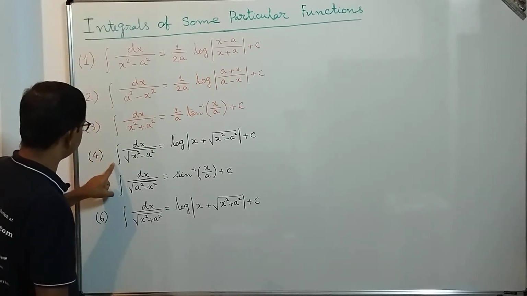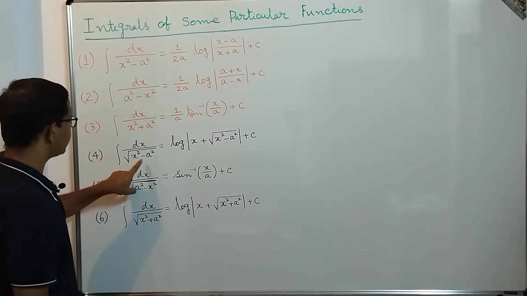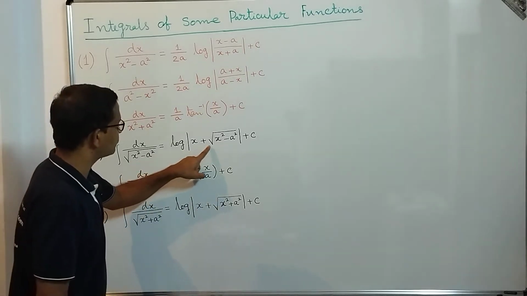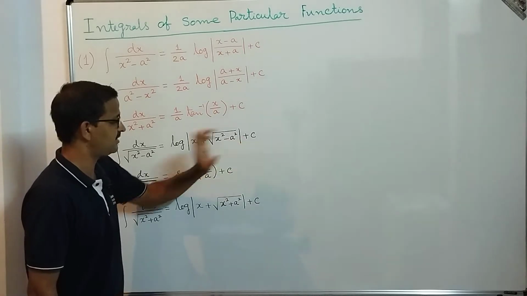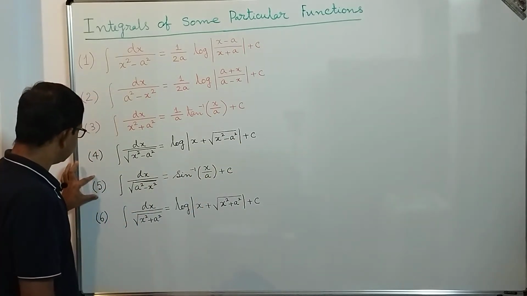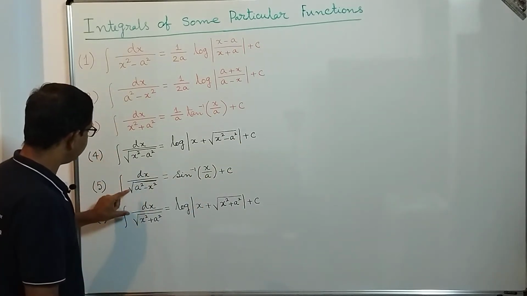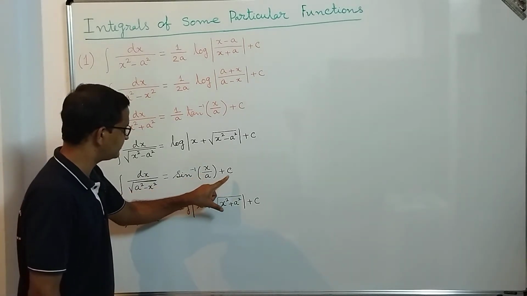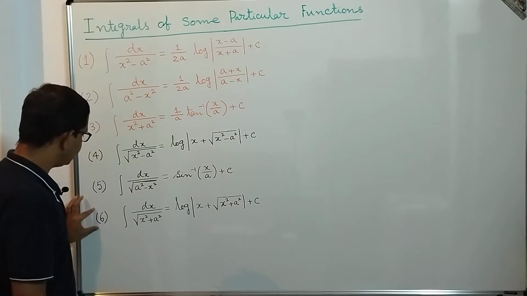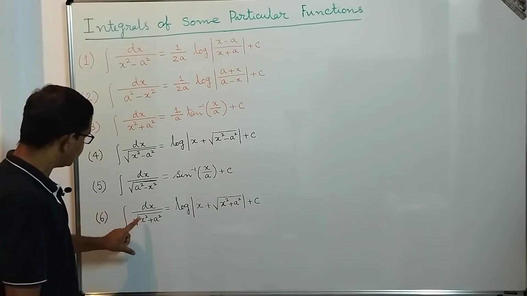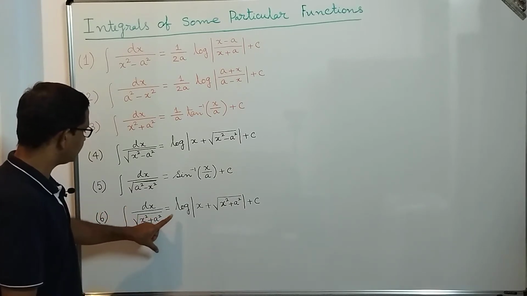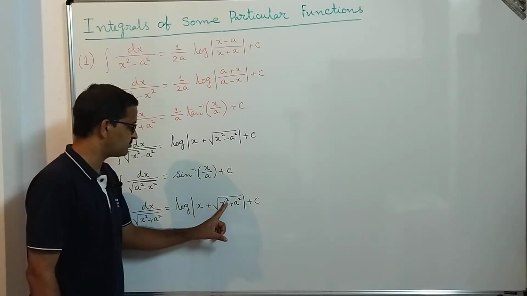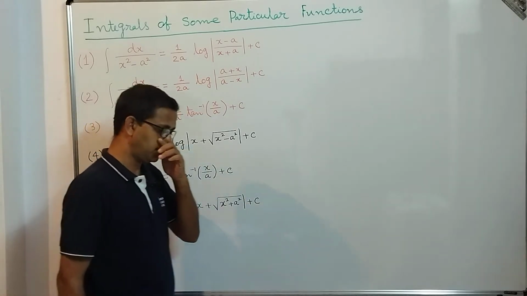Integration of dx by square root of x square minus a square is equal to log of x plus square root of x square minus a square plus c. Then integration of dx by square root of a square minus x square is equal to sine inverse x by a plus c, and finally dx by square root of x square plus a square is equal to log mod x plus square root of x square plus a square plus c.